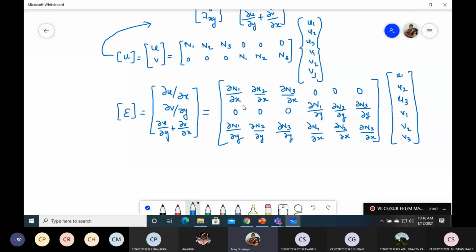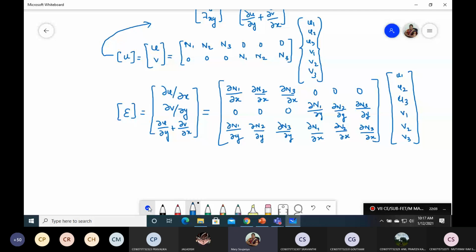Now, if this whole matrix has to be solved, we need the values of the shape functions n1, n2 and n3. Differentiation is carried out only for these three equations, the shape functions.